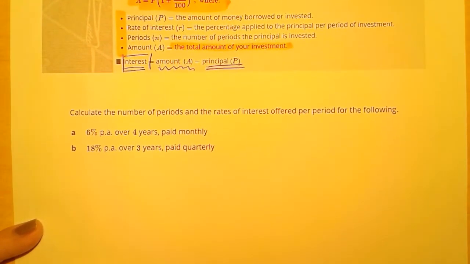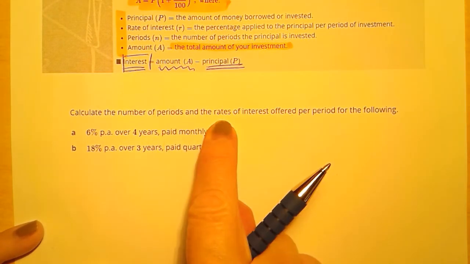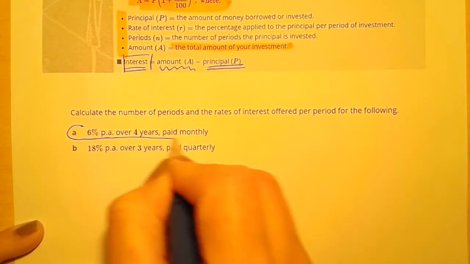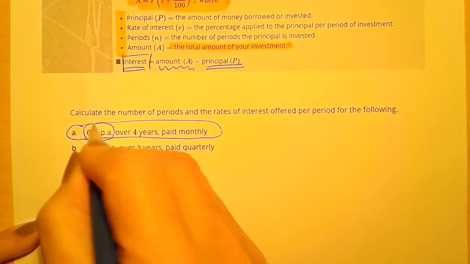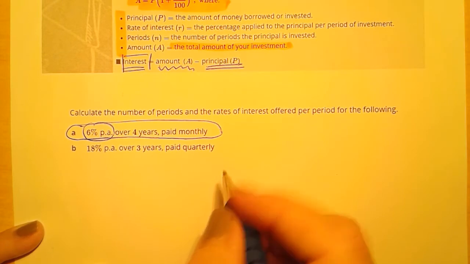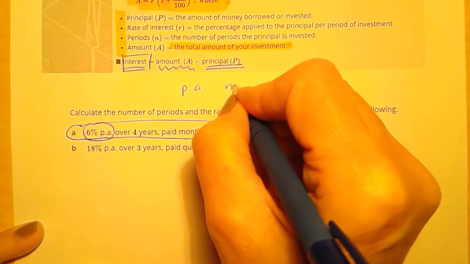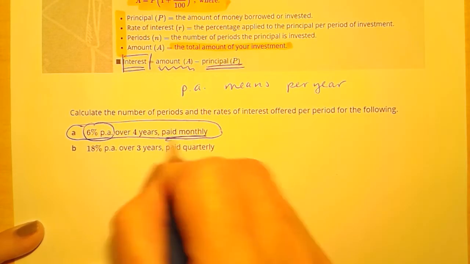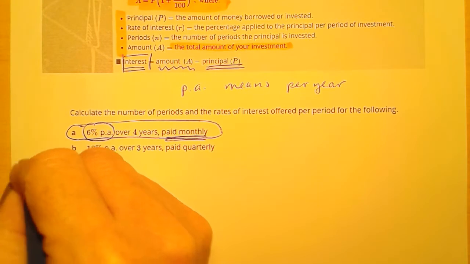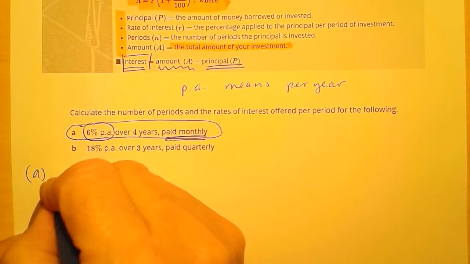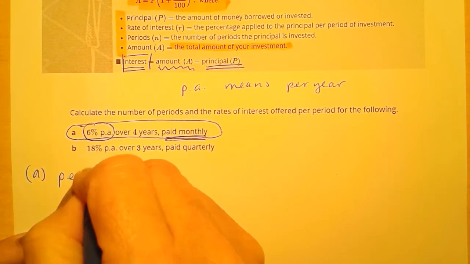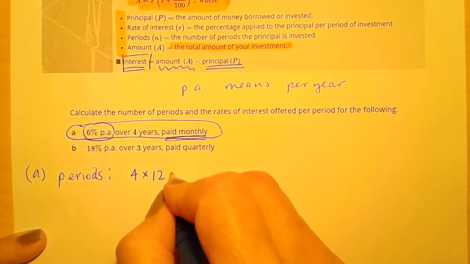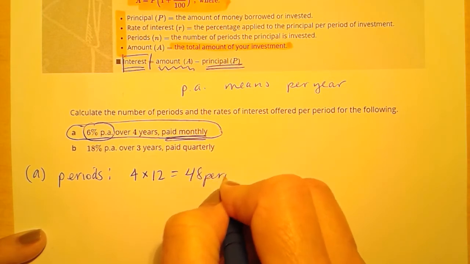You'll need your calculator. It says calculate the number of periods and rates of interest offered per period for the following. Sometimes, even though my interest says per annum, meaning per year, I do things monthly. So the number of periods in 4 years monthly would be times 12, because there are 12 months in a year, so there would be 48 periods of interest.